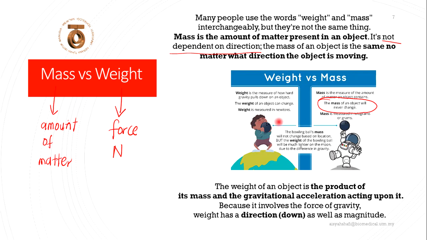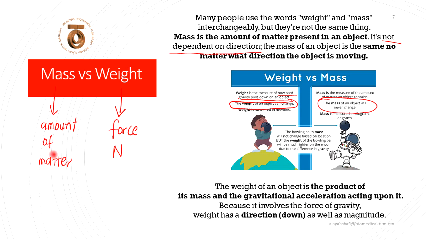But the weight of an object can change, because weight is a measure of how hard gravity pulls down on an object, and the weight of an object is the product of its mass and gravitational acceleration.